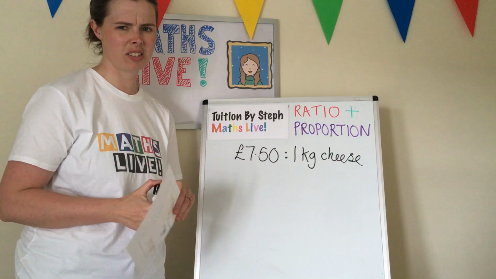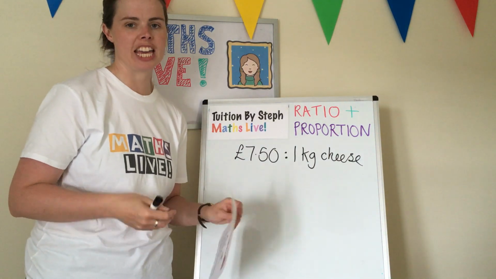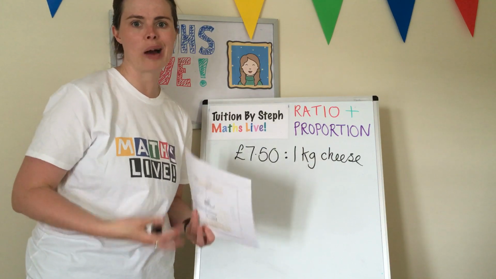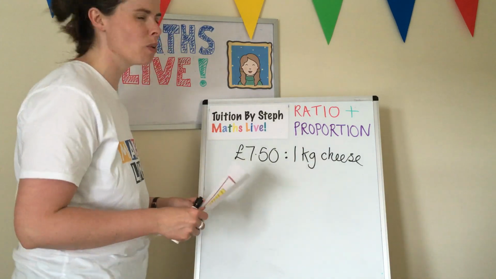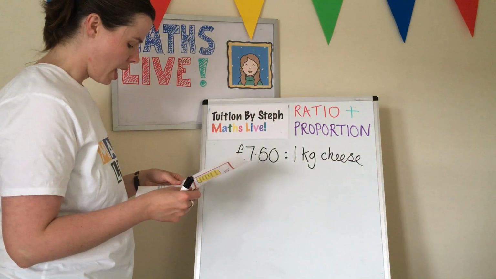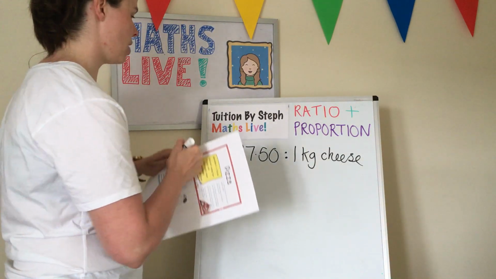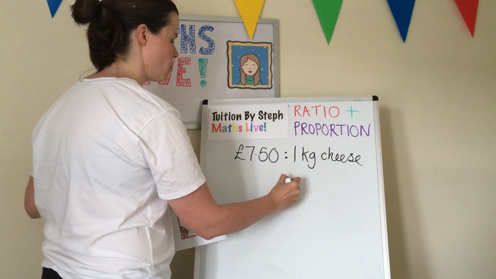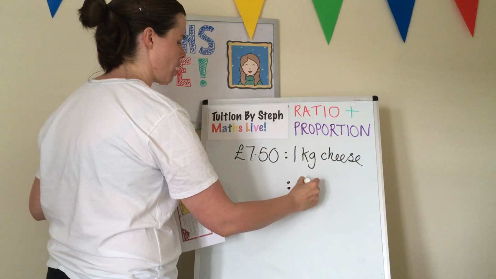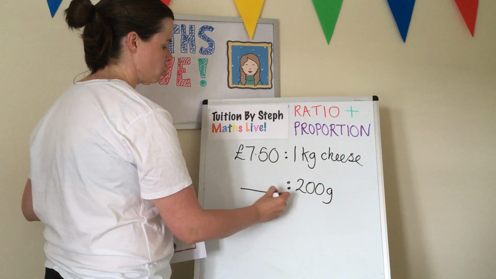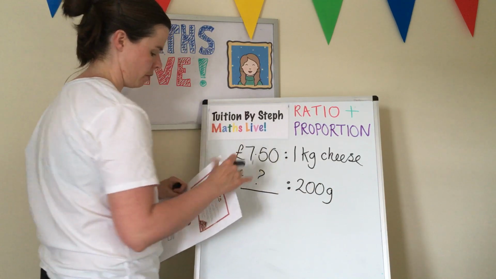Now if you're thinking that's quite a lot on cheese, a kilogram is very heavy. If you get a big bag of flour, that's a kilogram. So that's a good price for cheese. Marie buys 200 grams of cheddar cheese. So Marie buys 200 grams of cheese. How much does she pay? Right.